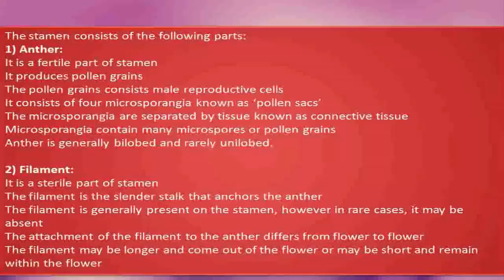In rare cases, a stamen may be devoid of filament or sessile, as seen in stamens of Arum maculatum. On the other extreme, a stamen may not develop any fertile anther when it is sterile, and it is termed as staminode. A sterile stamen is seen in cassia and canna.